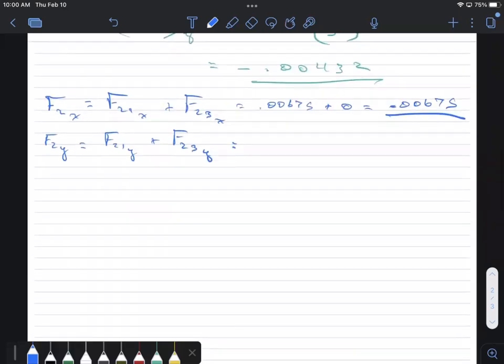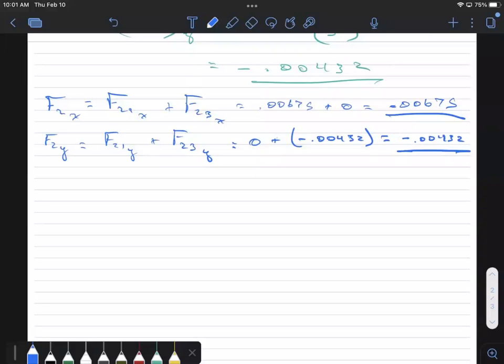Well, the force on 2 due to 1 was 0, plus the force on 2 due to 3 is negative 0.00432. So I add those together and I get minus 0.00432. So there we go. I now have the total x component and the total y component.